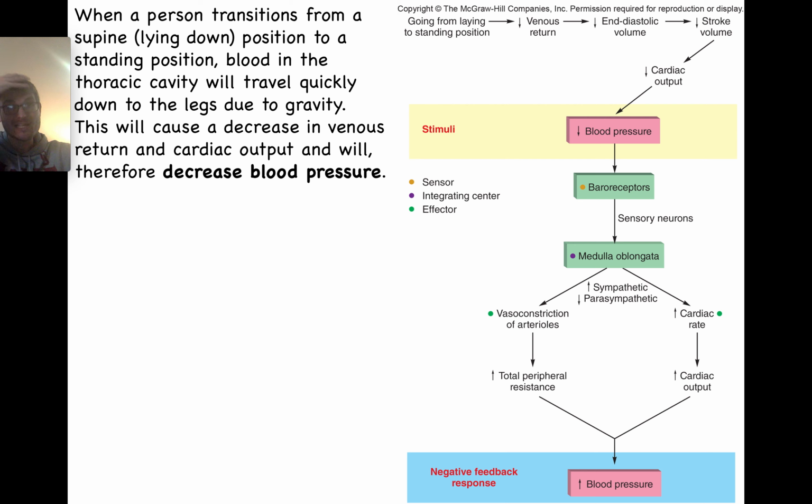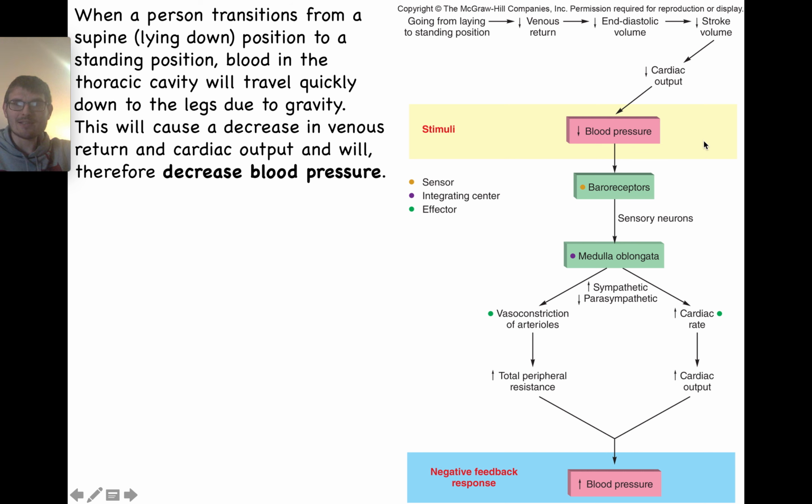So that means less blood flow for your brain, and that's why you feel a little bit dizzy. So your body is going to interpret this as a decrease in blood pressure, an impermissible decrease in blood pressure, due to decreased venous return to the right atrium, a drop in end diastolic volume, a drop in stroke volume, a drop in cardiac output. All of those things together are going to reduce your blood pressure, which again is why you feel dizzy.